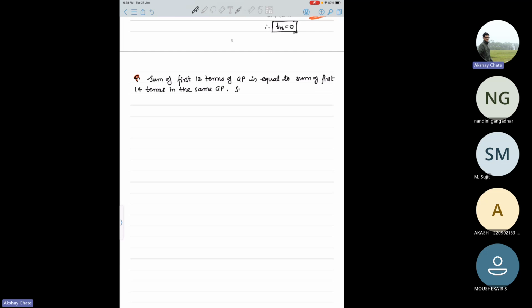Then they have given additional information that the sum of the first 17 terms is 92.